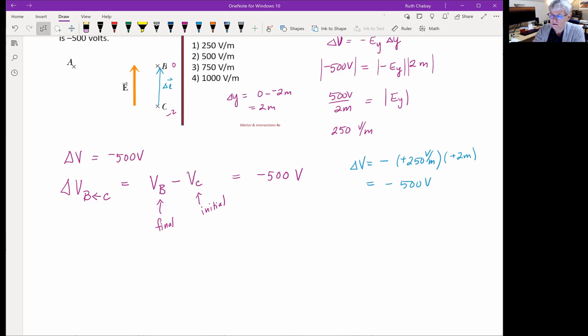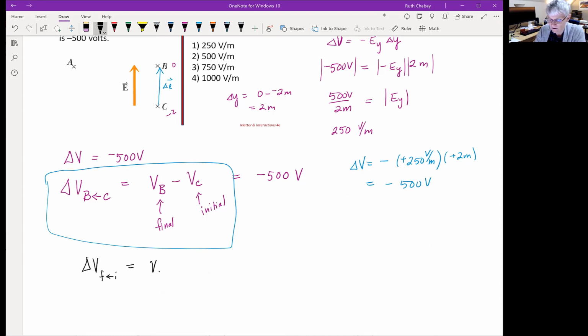Now this notation, and this is important, is final minus initial, and we can write it more generally as delta V from initial to final is V at some final location minus V at the initial location.